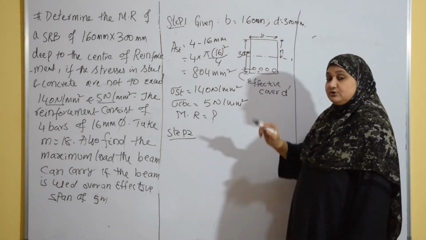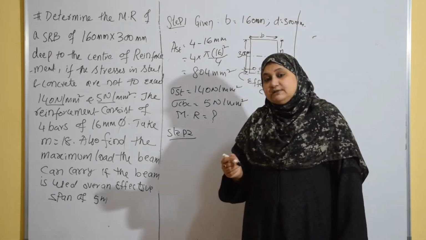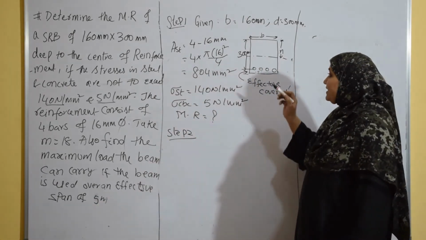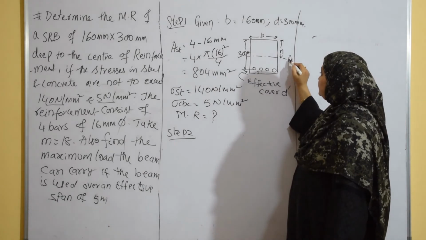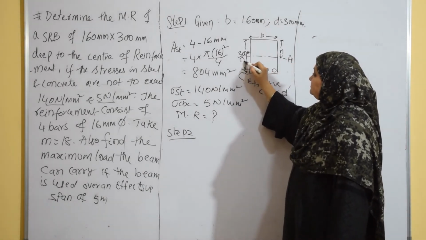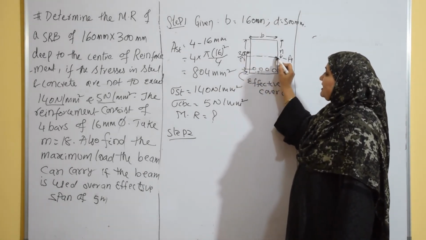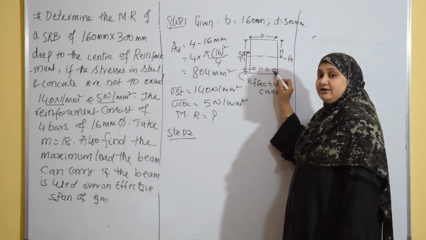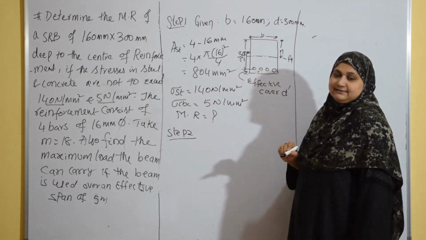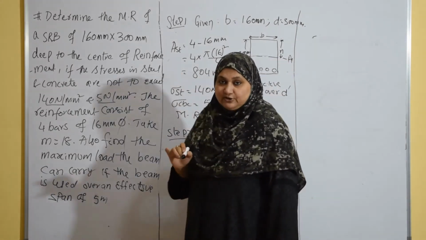You have to use the first principle. What is the first principle? You have to equate the moment of the compression area about the neutral axis to the moment of the equivalent area of steel about the neutral axis. I am writing it down, you can see.